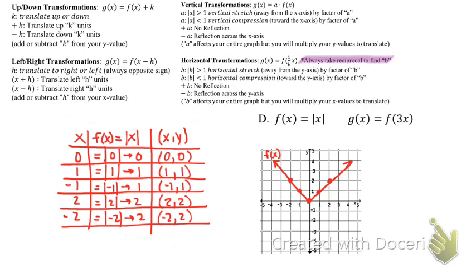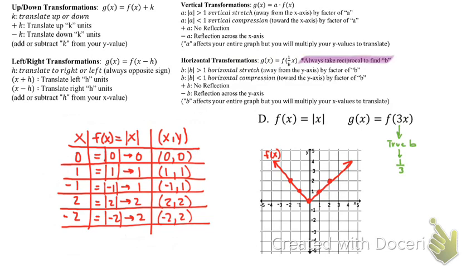So to get the true B, we take this guy, and the true B value is we're going to take 3 and we're going to flip it. So the true B value is going to be 1/3. Okay?